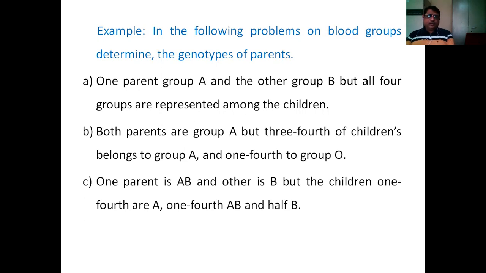Then in the second, both parents are of group A, but 3/4 of the children belong to blood group A and 1/4 to blood group O. Here we want 3/4 of the offspring of blood group A. For that, the first parent should have IA i and the second should also have IA i.